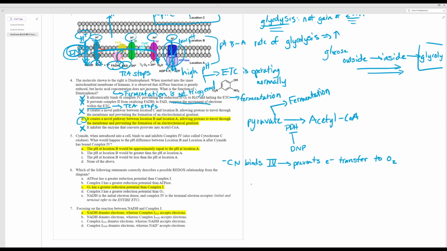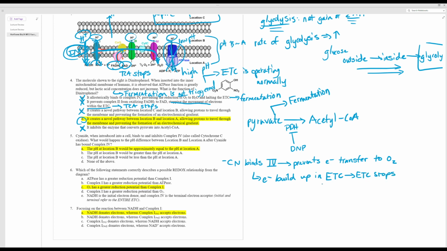Okay. So when this happens, our electrons build up in the cell because cytochrome C oxidase, or complex 4, is unable to pass its electrons onto O2, which means electrons build up in the ETC. And as we talked about earlier, when you have this electron buildup, the ETC stops.